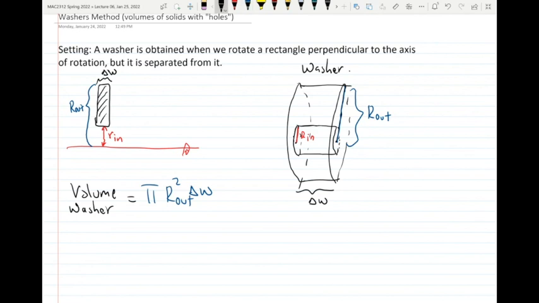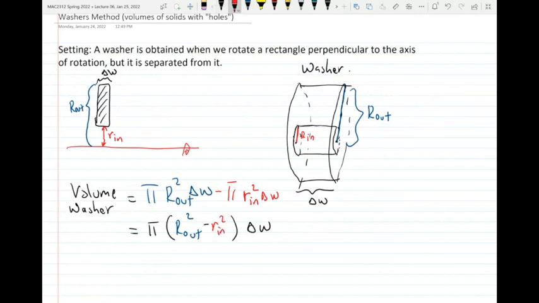But then that's the whole big disc. We need to take away the inside disc. So minus pi r in squared delta w. We can factor out pi, and typically we put the width here, and then we just subtract r out squared minus r in squared.